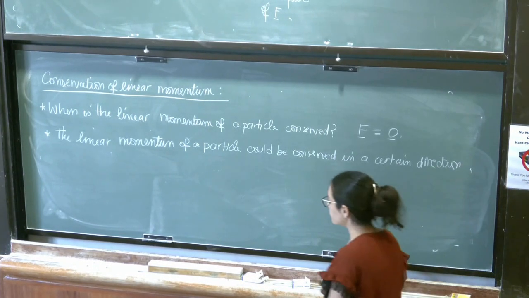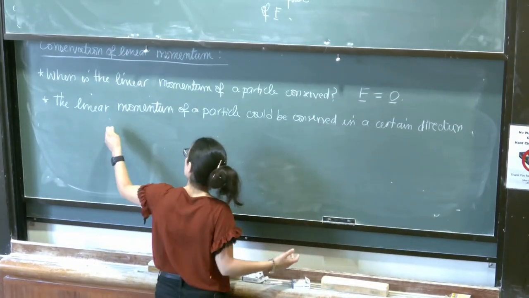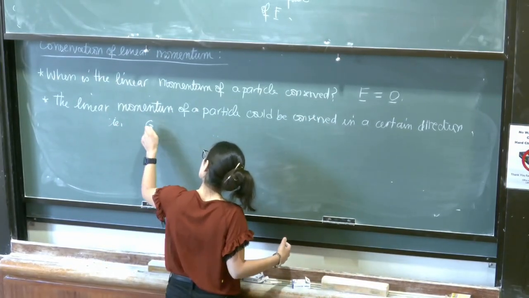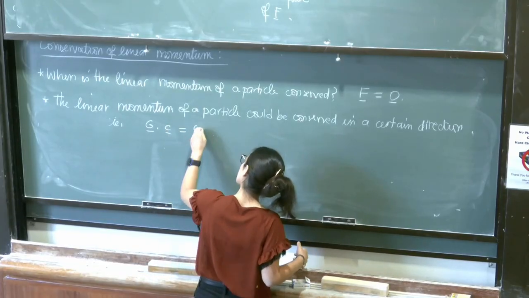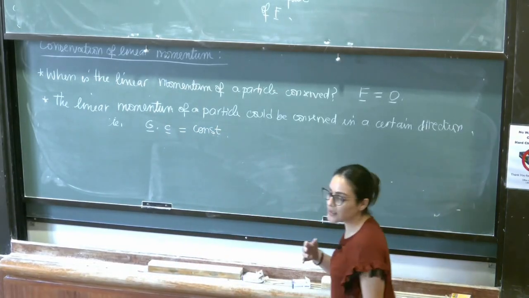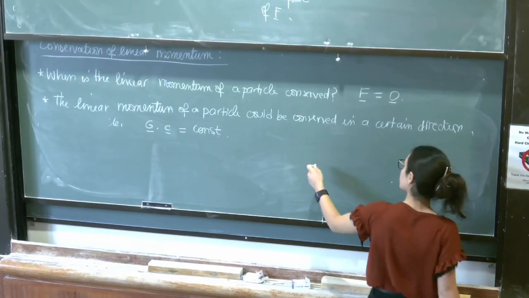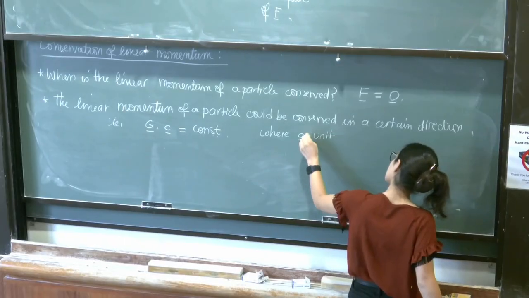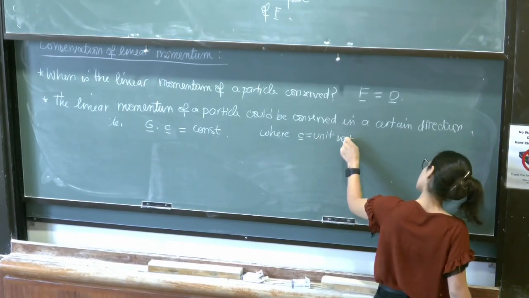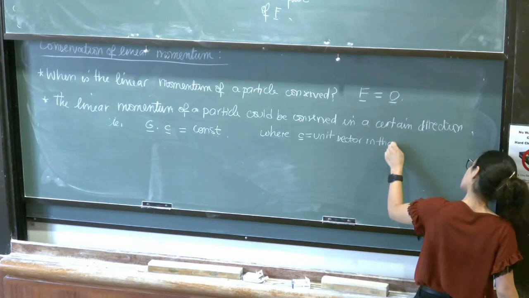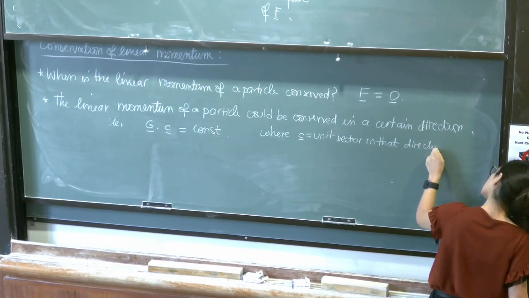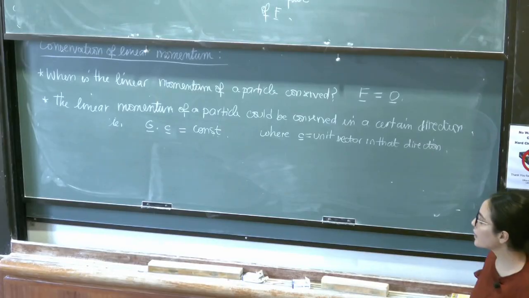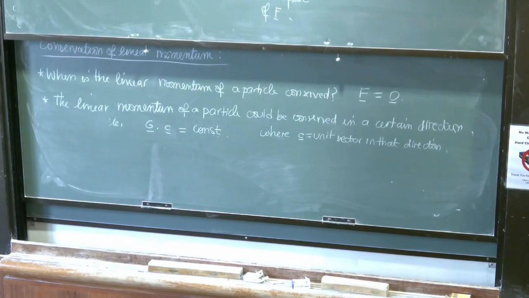What does that mean? In other words, G dot C is equal to a constant, where C is the unit vector in that direction, called the direction C. This means that G dot C is constant.